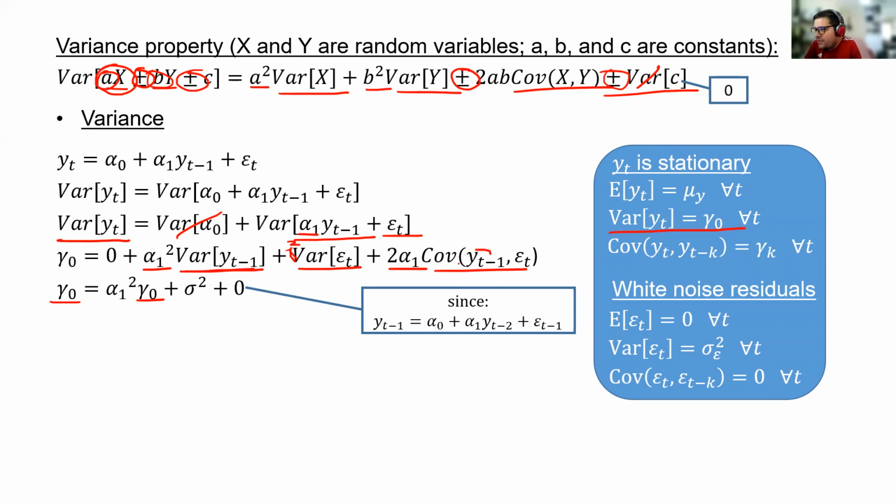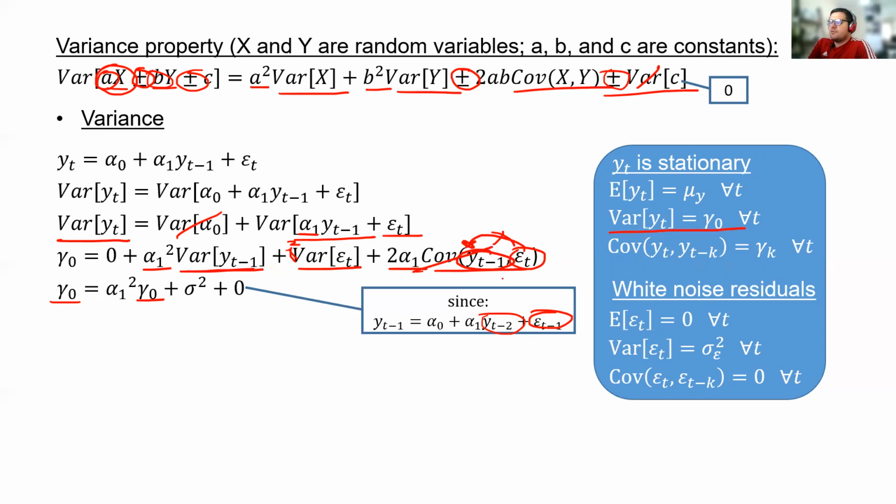So yt minus 1, when you put that in the equation, you notice that et does not appear in the equation, right? Yt minus 1 depends on yt minus 2 and et minus 1. So there is no et here, just et minus 1. Therefore, et does not have an effect on yt minus 1.